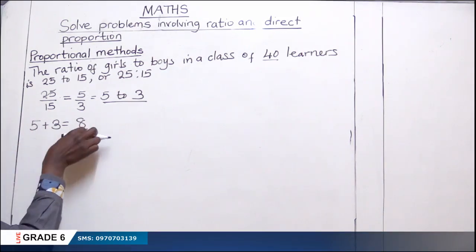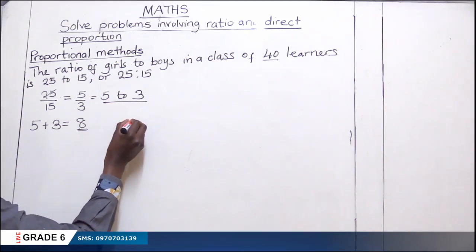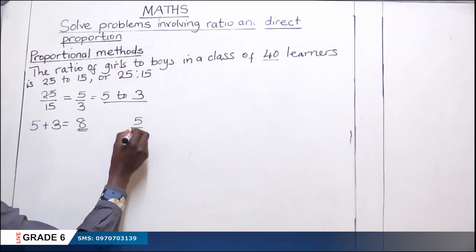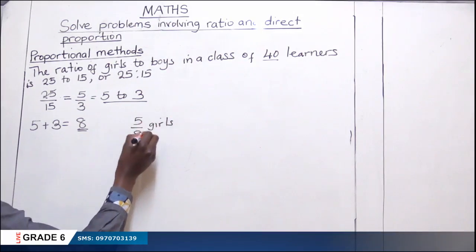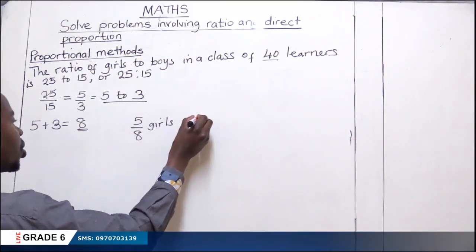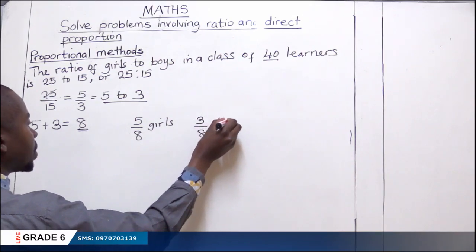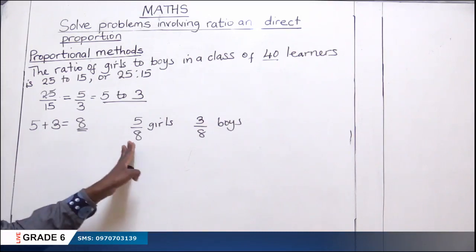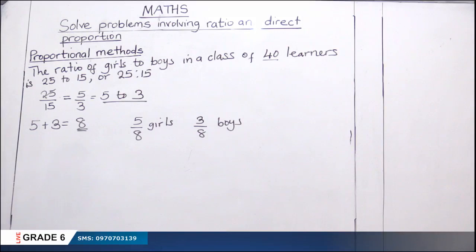The total is 8, so we can write 5 over 8 for girls and 3 over 8 for boys. The fraction for girls is 5/8 and the fraction for boys is 3/8.